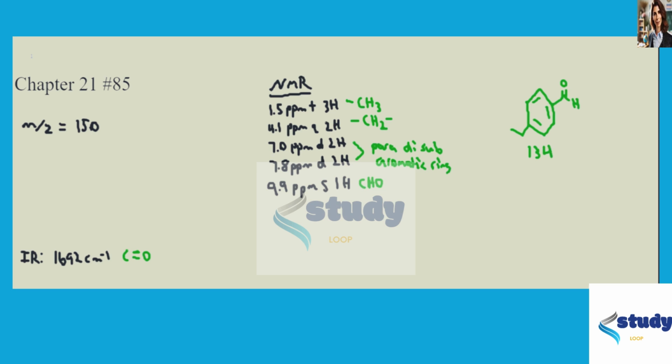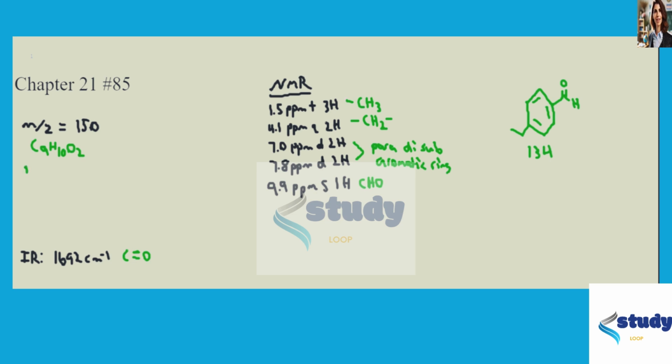So we're actually missing an oxygen somewhere. We know that because oxygen weighs 16. And so our formula is going to be C9H10O2. So we need a second oxygen somewhere.